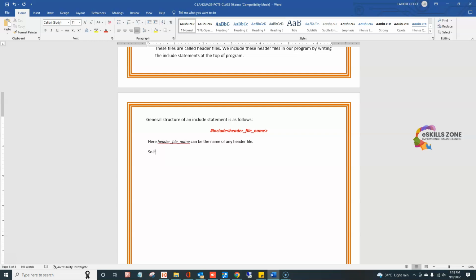If we include stdio.h as a header file in a C program, it contains information related to input and output functions.